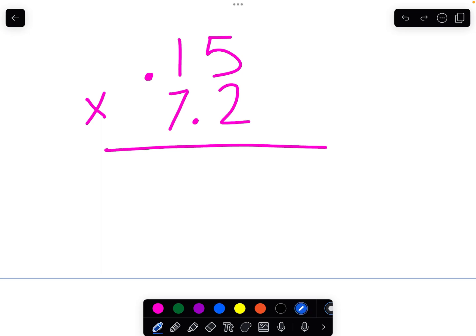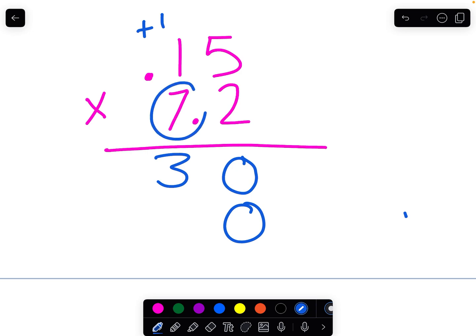So first, I'm going to multiply 5 times 2. That's 10. I'm going to carry the 1. Now I'm going to multiply 2 times 1. That's 2. And I'm going to add the 1. That's 3. Now I put a 0 here because I'm moving on to the tens place. I'm going to cross this out because I don't need that anymore and I don't want it to confuse me. I'm going to multiply 7 times 5.